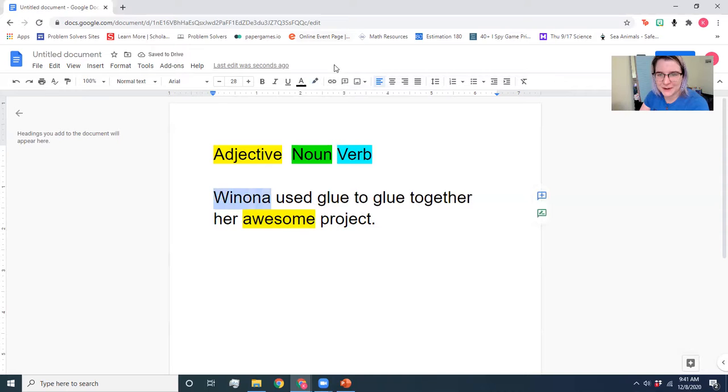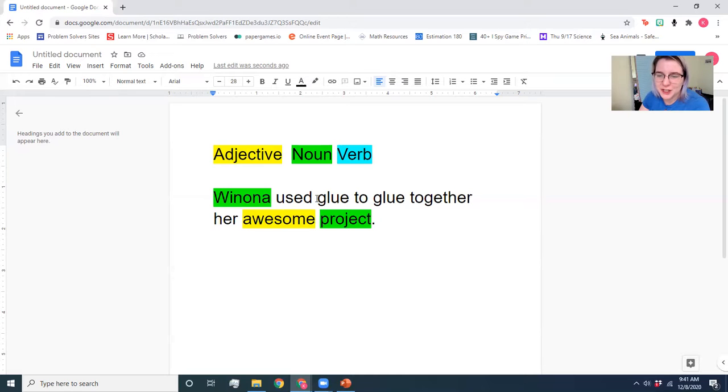Now, of course, Winona is a person. Her name is a noun. Now, we know that awesome is describing a noun, so project is absolutely a noun. Oops, I'm sorry, nouns are green. But let's look at this. One of these glues is a noun and one of them is a verb. We need to take a close look at this sentence, really analyze the words around it and the meaning behind the sentence to determine which one is the noun and which is the verb.